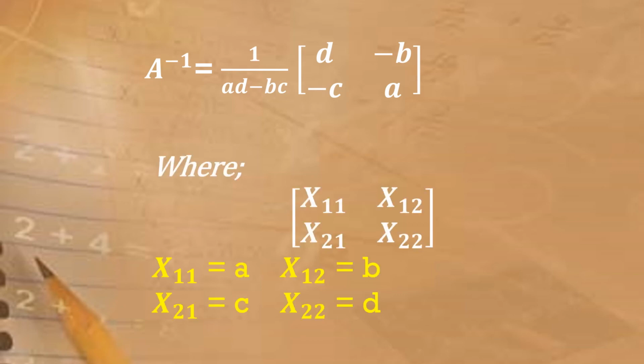In finding the inverse of a 2 by 2 matrix, we use this formula: A inverse is equal to 1 over (A multiplied by D minus B multiplied by C) multiplied by the matrix [D, negative B; negative C, A]. For instance, our 2 by 2 matrix is in this form: x sub 11 is our A, x sub 12 is equal to B, x sub 21 is equal to C, and x sub 22 is our D.